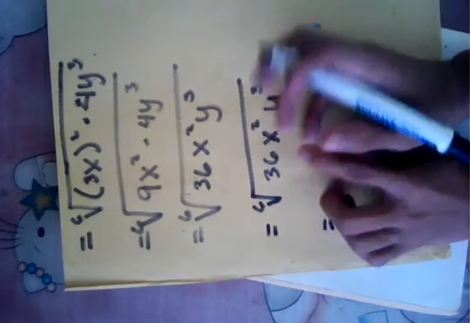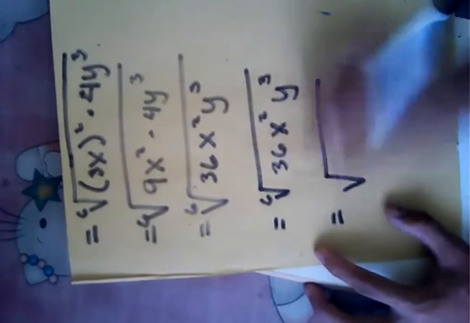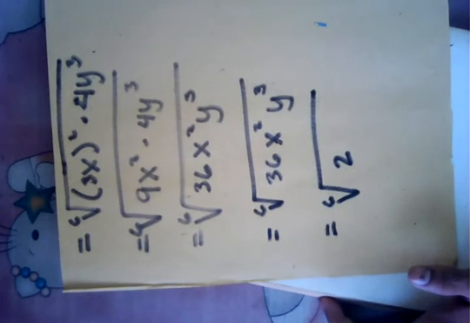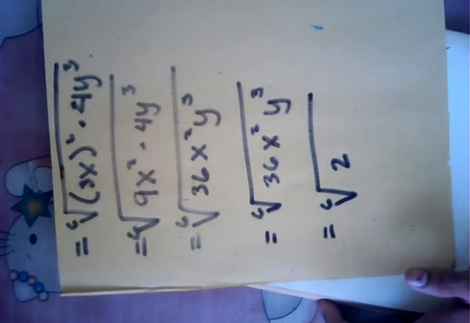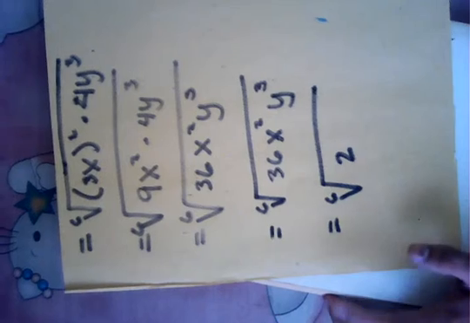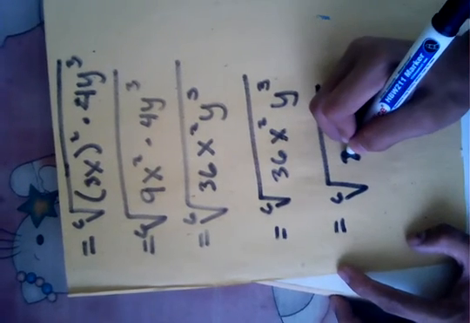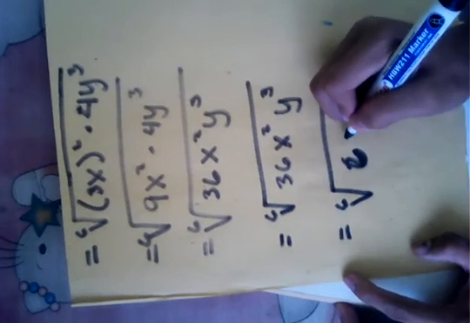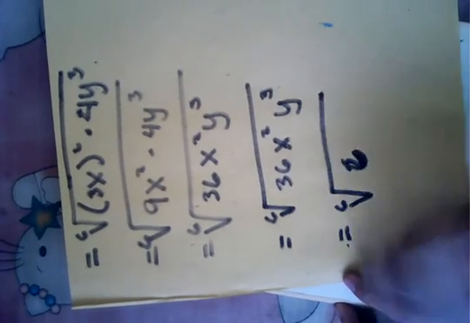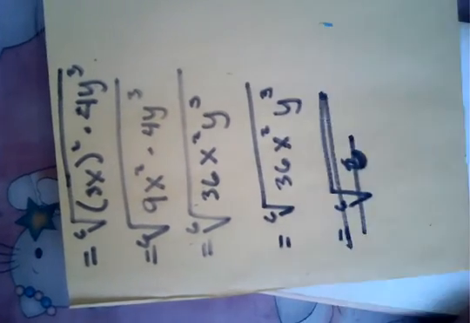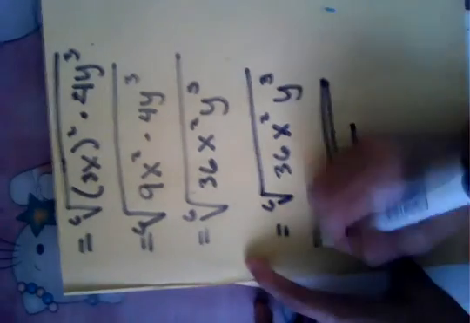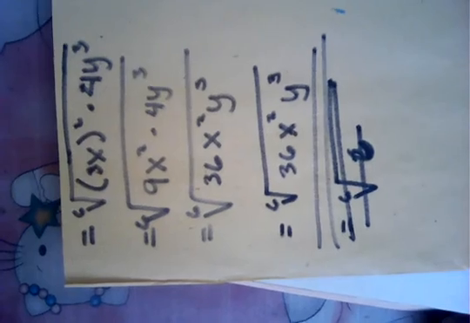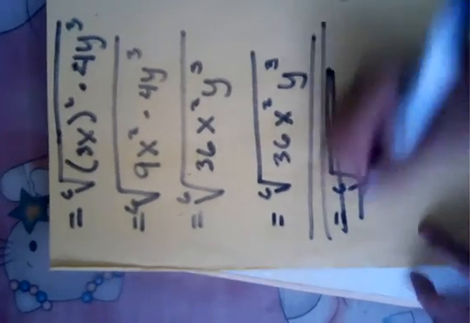So it would be 2 to the power of 6. So the answer is the 6th root of 36x squared y cubed. That is the final answer.